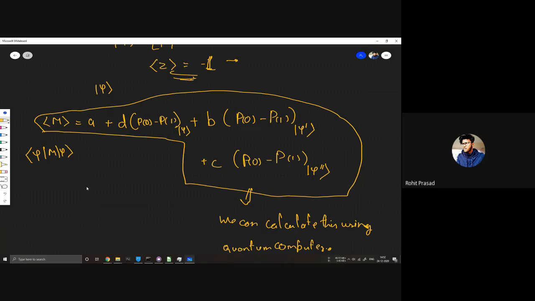There are multiple optimization algorithms, like COBYLA and gradient descent. The basic one is gradient descent, where we look for the minimum. There are a number of ways one can optimize this, but this is the basic of all: how to get the expectation value of M using quantum computing.